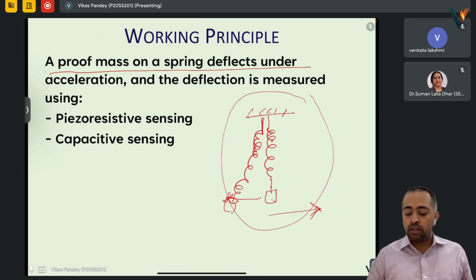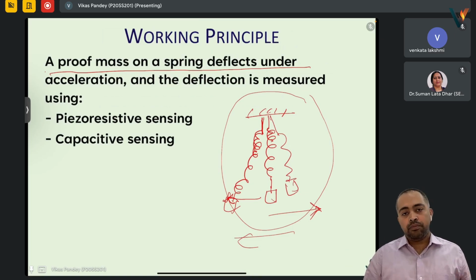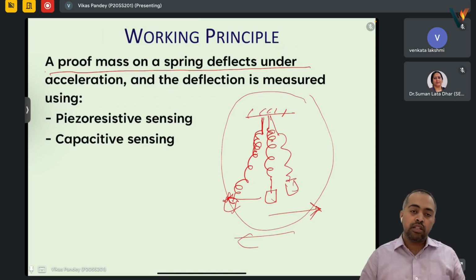And what if we are decelerating? It will deflect in this direction. So based on the amount of deflection, we can know the amount of acceleration that is happening, and second, whether it is acceleration or deceleration.